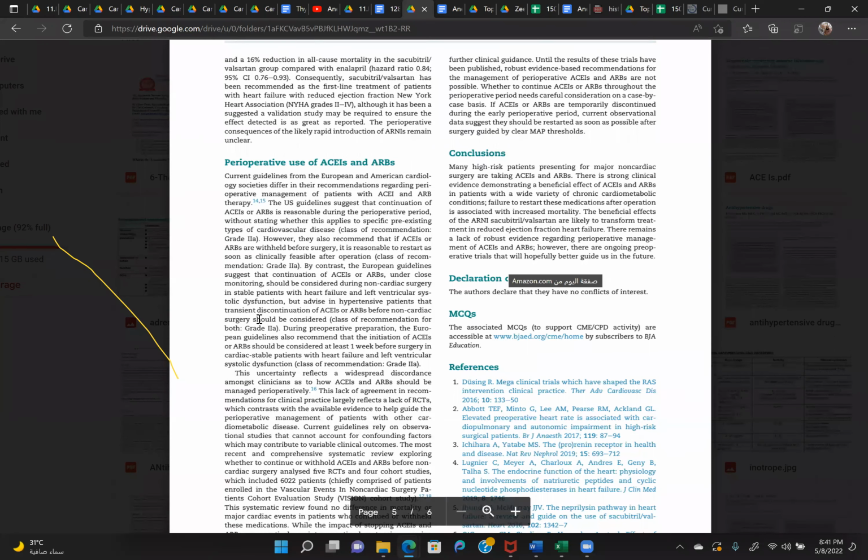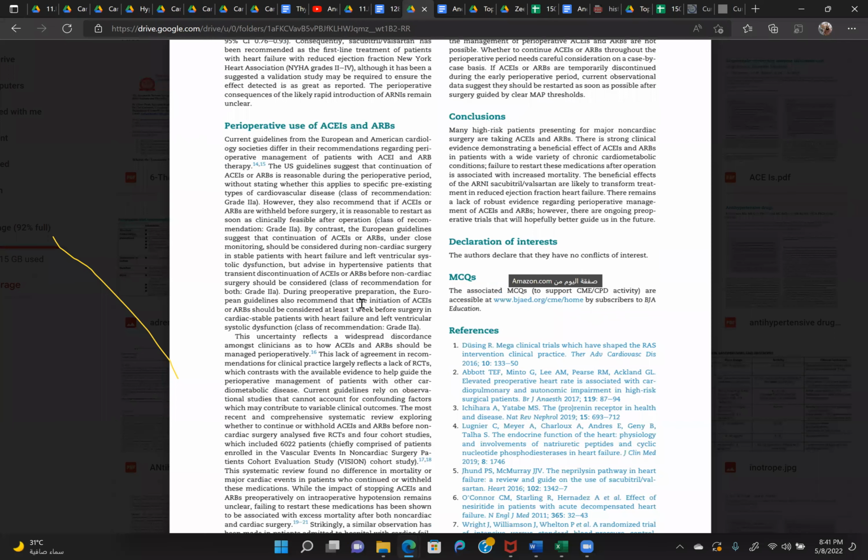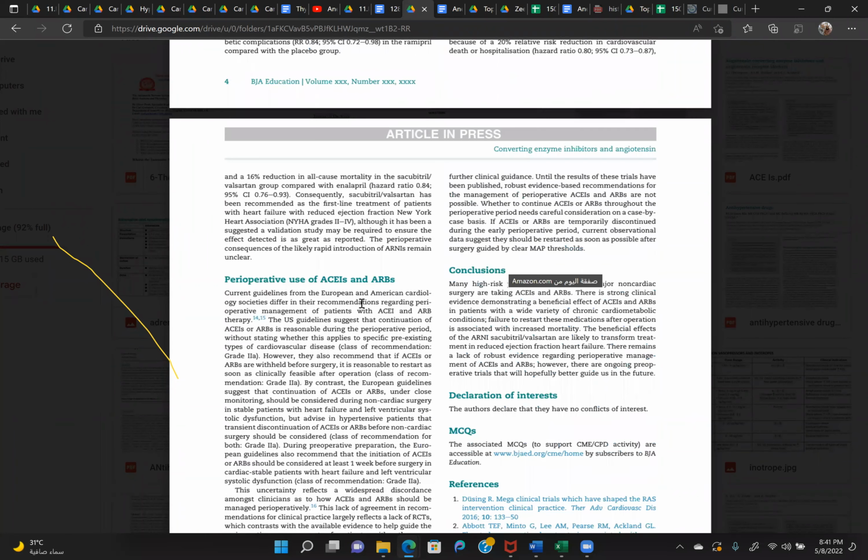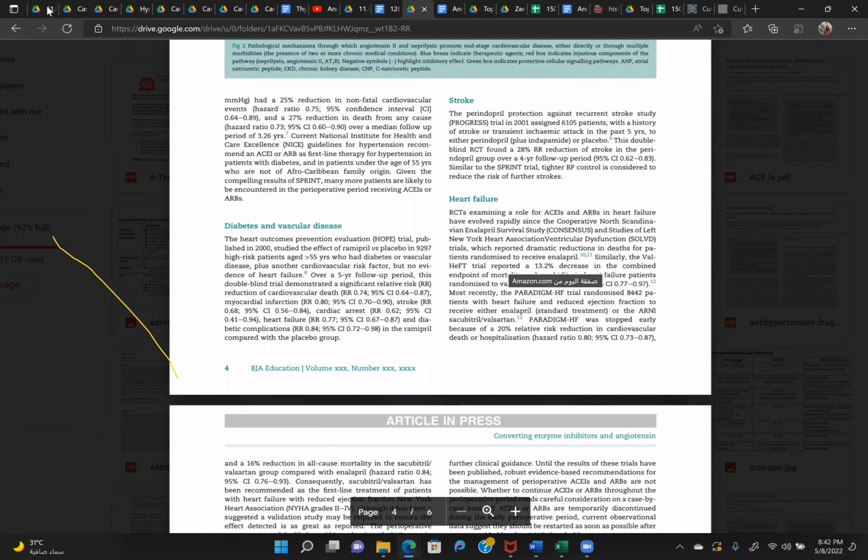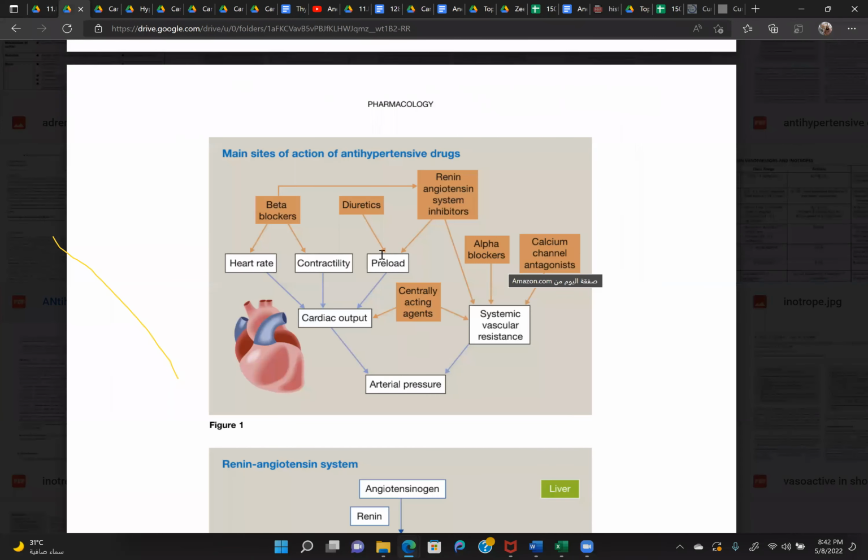If you are continuing it, you should expect more decrease in blood pressure. So this is about ACE inhibitors. Okay, so what about calcium channel blockers?